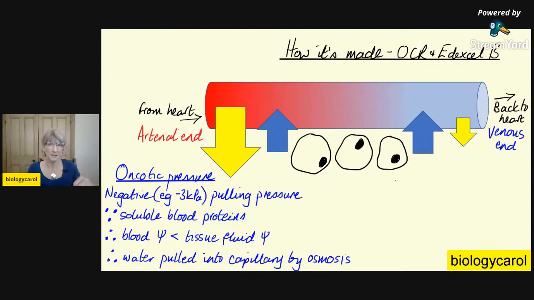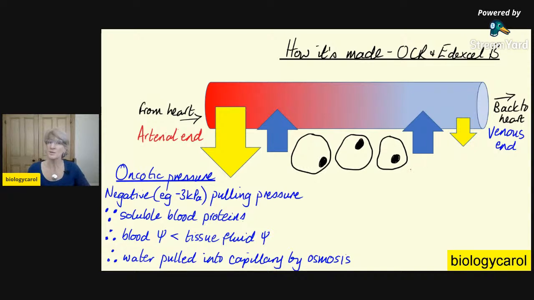I'm hoping that oncotic pressure now makes sense in the context of the standard information that you need to understand about how tissue fluid is formed at the arterial end and how water or the blood volume is maintained at the venous end.